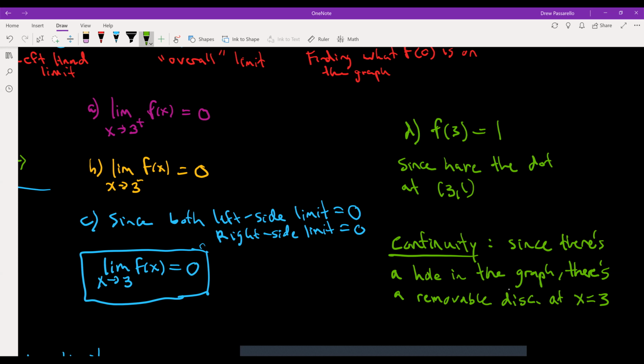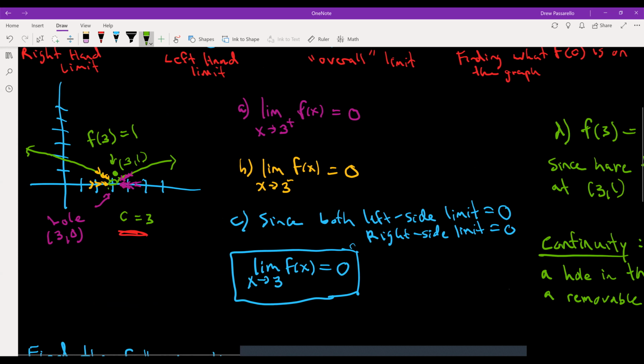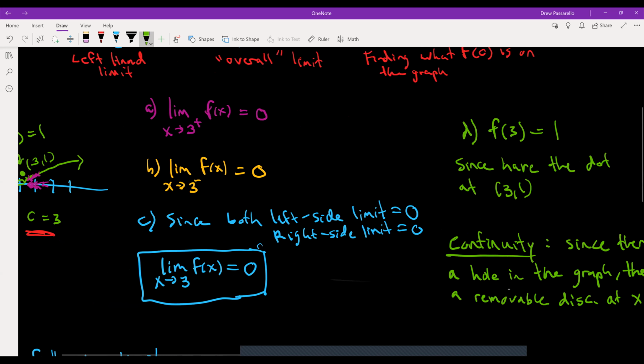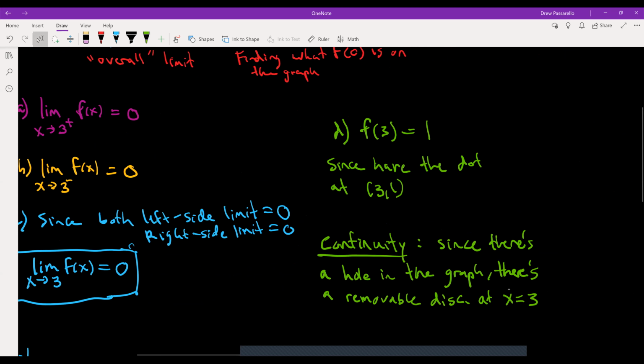It's removable because if I took the point (3, 1) and moved it down to where the hole is, that makes the graph completely connected. So this is an example where you have the limit equaling a different value than if you were to evaluate the function itself for that same fixed value 3.